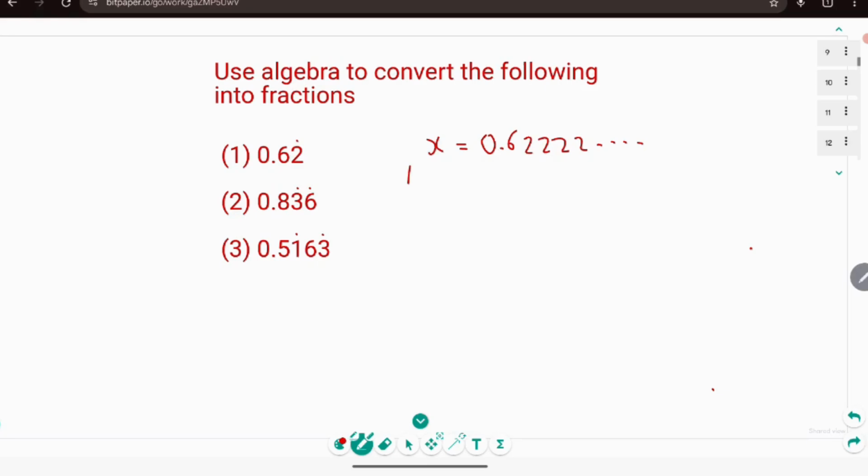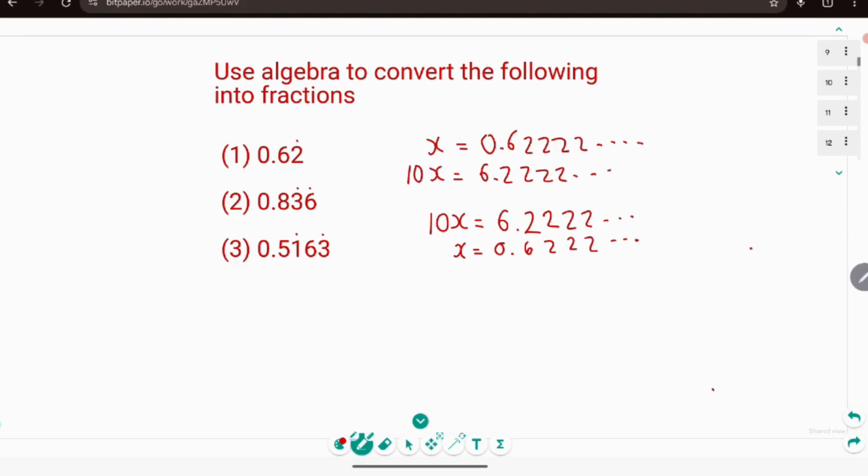Times by 10. Disappears from here because the 2s are underneath the 2. 6.2 subtract 0.6 is 5.6.